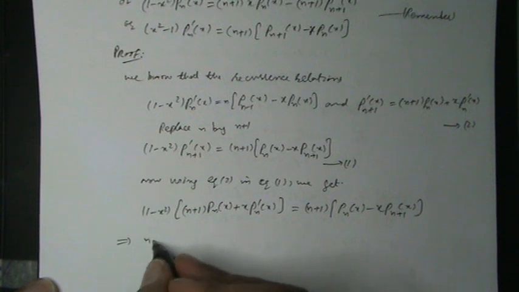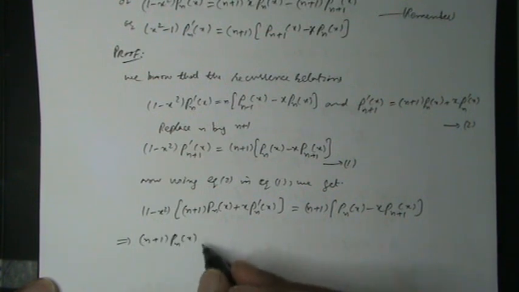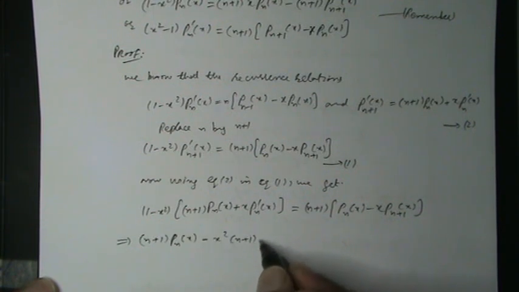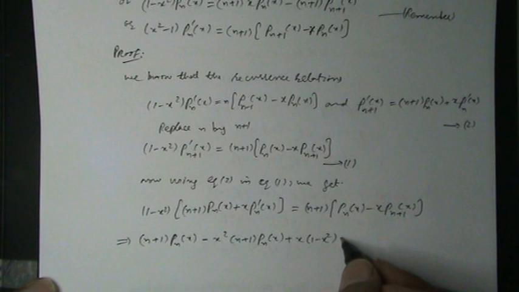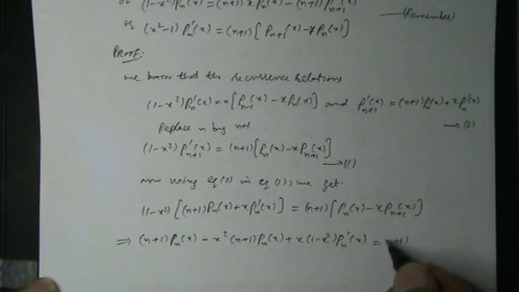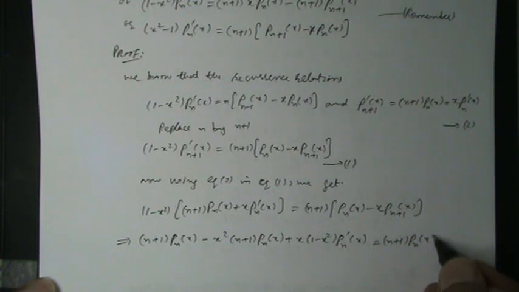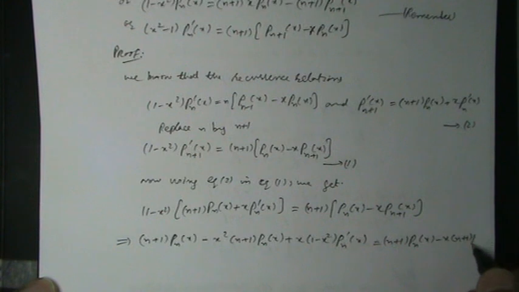Multiplying, (n+1) Pn(x) - x² (n+1) Pn(x) + x (1 - x²) Pn'(x) = (n+1) Pn(x) - x (n+1) Pn+1(x).